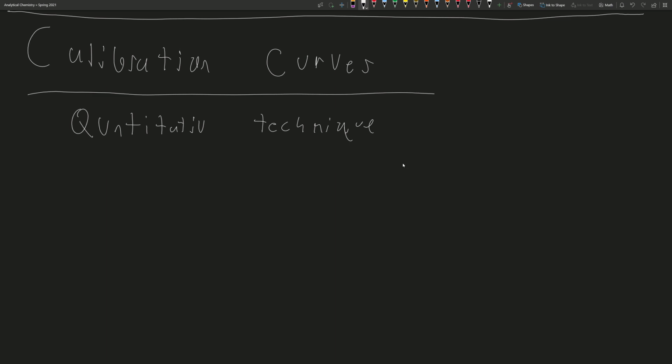So, how do we do that? Well, the idea is to generate a curve that is typically linear in nature. So we have an xy axis, and we usually have our x as our concentration.